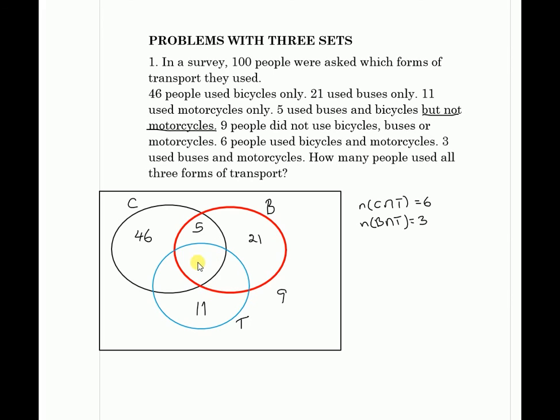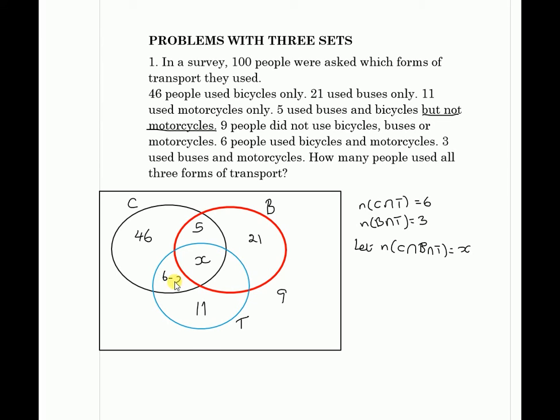So we can let the number of elements in C intersection B intersection T be equal to X. This one is now X. They say that the intersection of bicycles and motorcycles is 6.